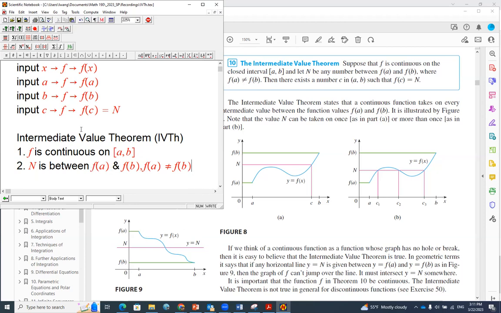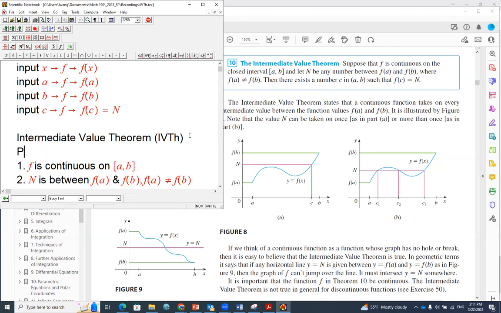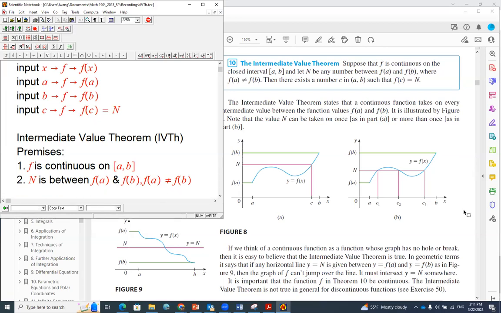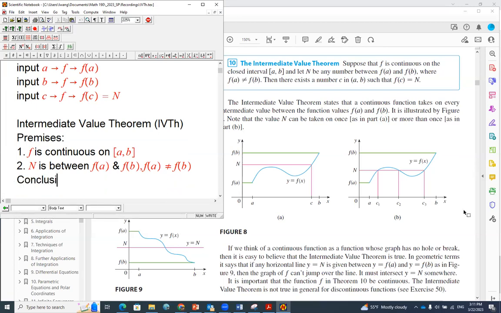If these two premises are satisfied, the conclusion is what? If the condition is satisfied, what conclusion can we expect?